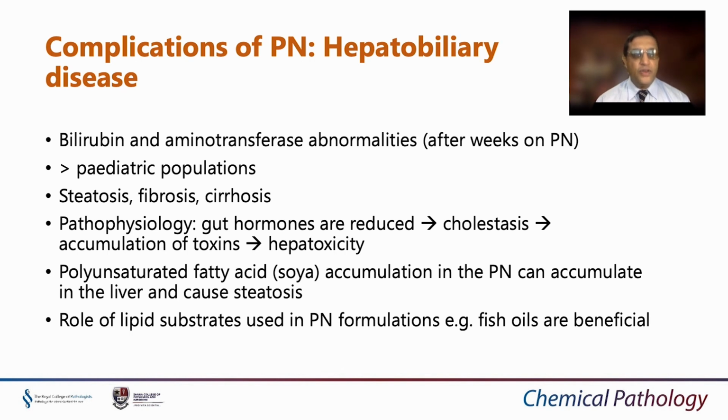The use of polyunsaturated fatty acids using a soya source of fatty acids accumulates in parenteral nutrition and can accumulate in the liver, and this deposition results in steatosis. The role of lipid substrates in parenteral nutrition formulations thus needs to be considered, and different types of sources can decrease the potential for hepatobiliary disease.